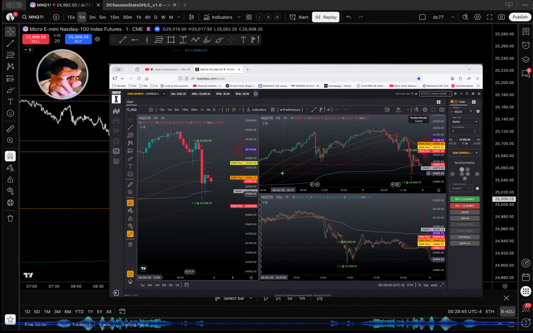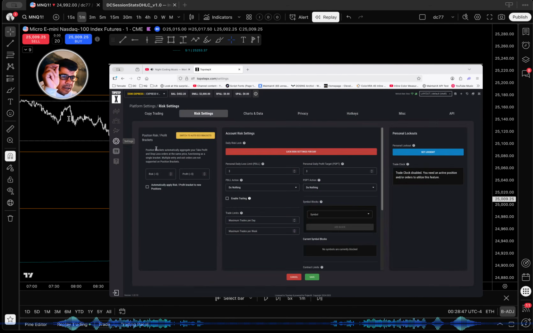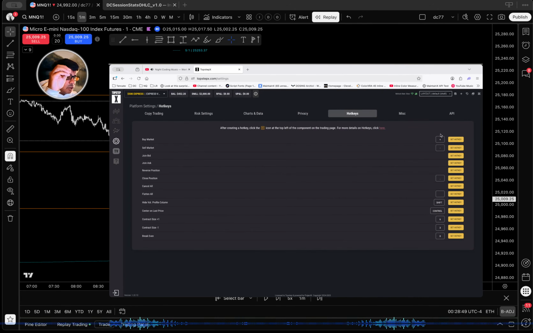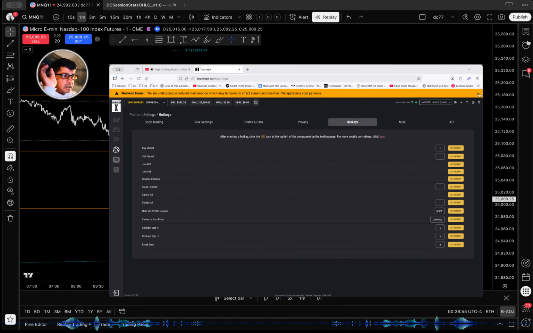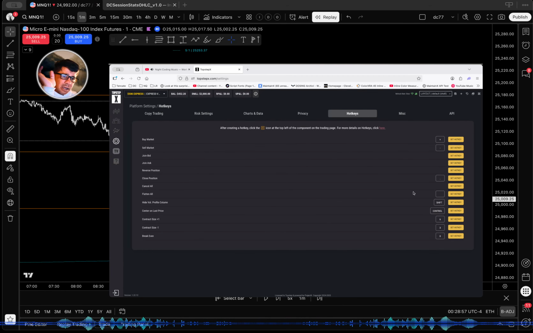I can set up my hotkeys so I can get in and out, change position size, flatten, break even. It's a nice platform. I've done a ton of business with Topstep. Super happy with the performance so far. I love it. Gotten some payouts with Topstep, and I fully intend on getting more.